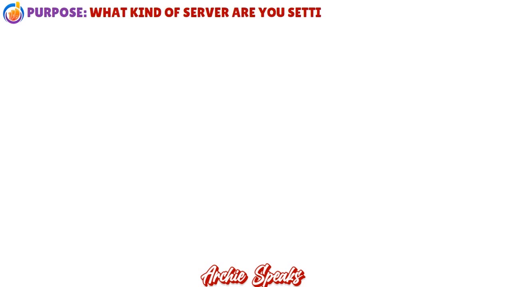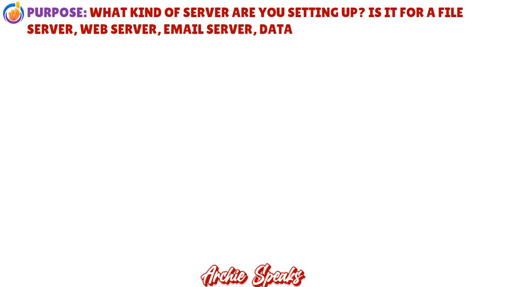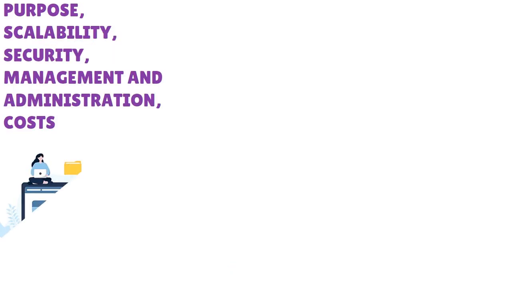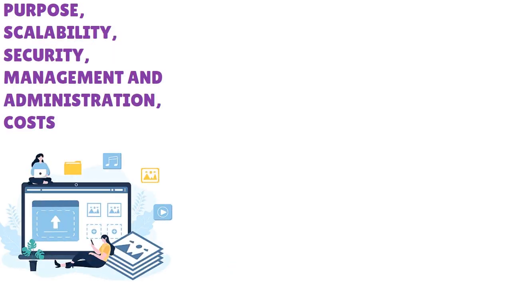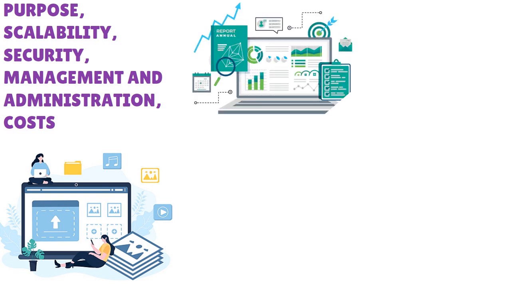So the purpose: you want to know what kind of server you're setting up. Is it for a file server, web server, email server, database server, or something else? Because different OSs are better suited for different purposes. For example, Linux distros are a common choice for web servers, whereas a Windows server is frequently used for file servers.